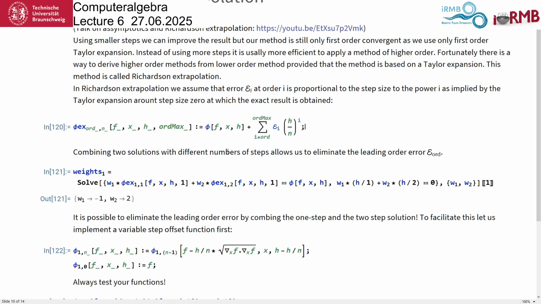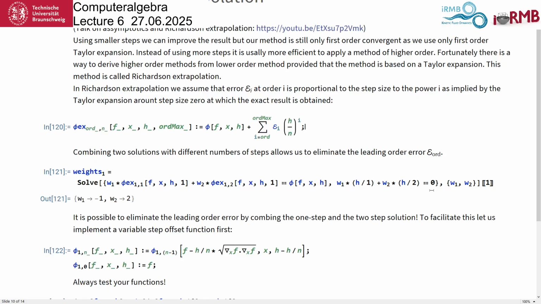If I weight these, the first error would come with h divided by 1 and h divided by 2, and we would like this to be 0 because it's the first error that we have.